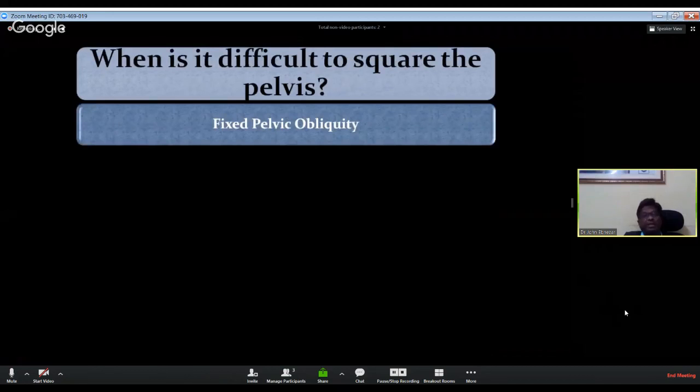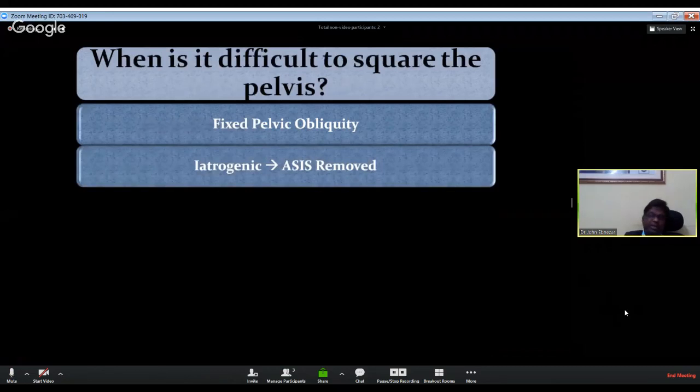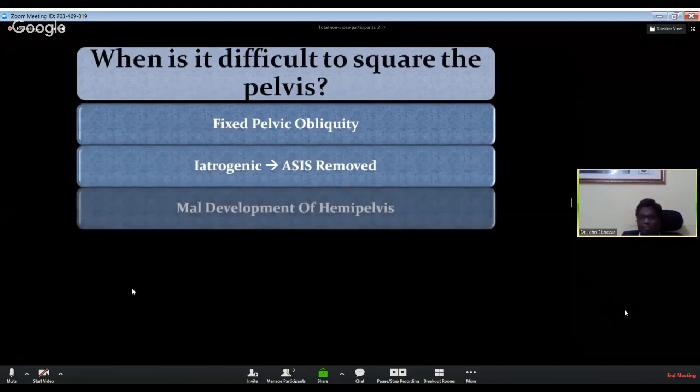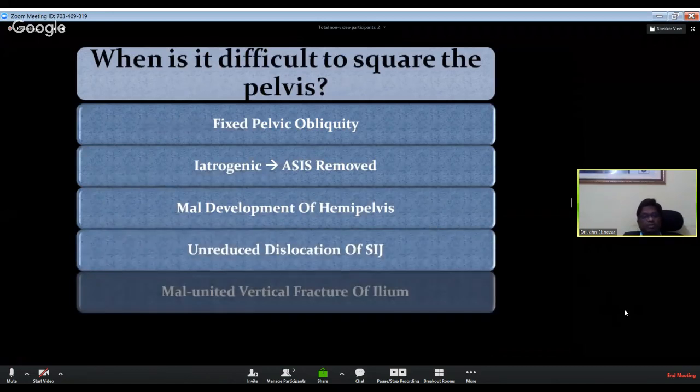When is it difficult to square the pelvis? This you should know. It is difficult when there is fixed pelvic obliquity, or iatrogenically if the ASIS has been removed, marked maldevelopment of the hemipelvis, unreduced dislocation of the sacroiliac joints, or united vertical fractures of the ilium.